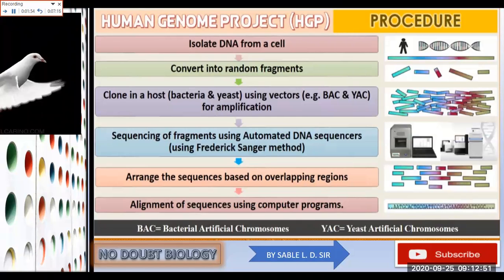Then comes the sequencing of the fragments using automated DNA sequencers. Whatever the sequences may be, they can be studied. Some specific sequences are there in the DNA, so we study them easily using Frederick Sanger's method. The Frederick Sanger method is used to study DNA sequences.